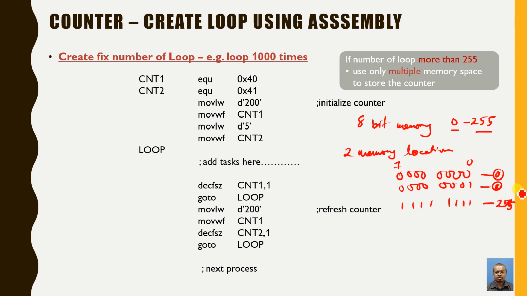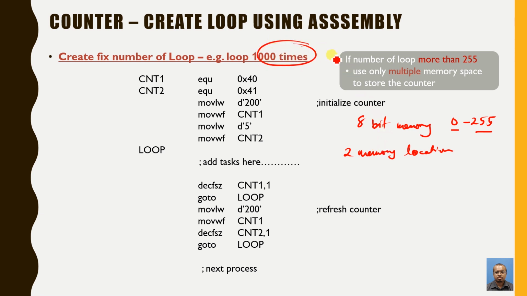Okay, so now that you understand that the memory is up to 255, how do we work around it if we were to have a 1000 times counter? You want to count up to 1000 times, so you have to use at least 2 memory locations. Look at this example. How do we work on that?